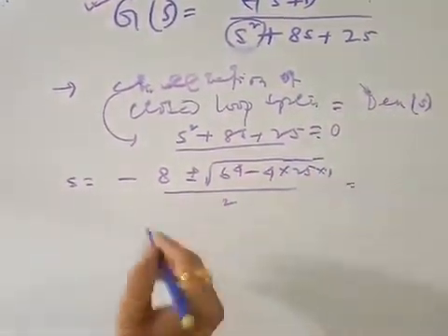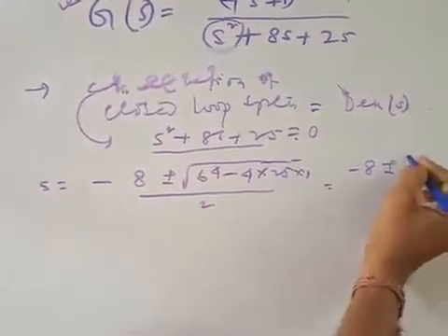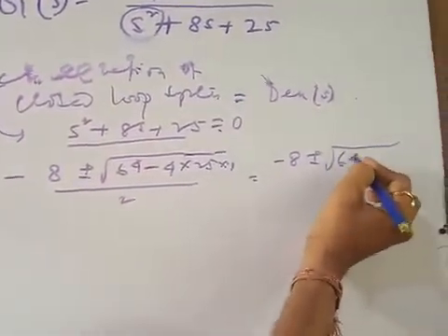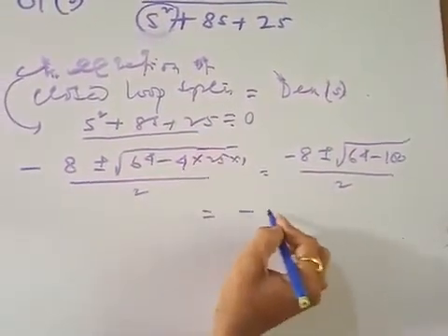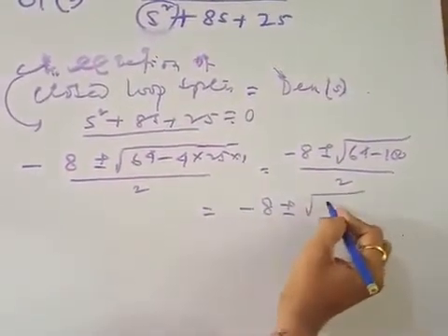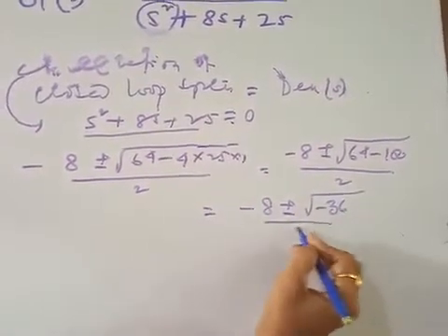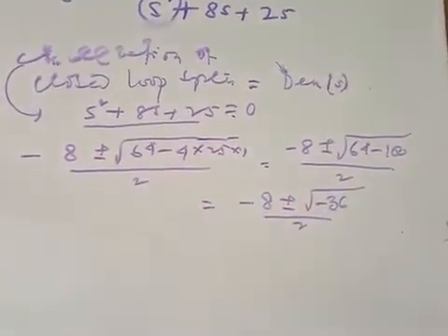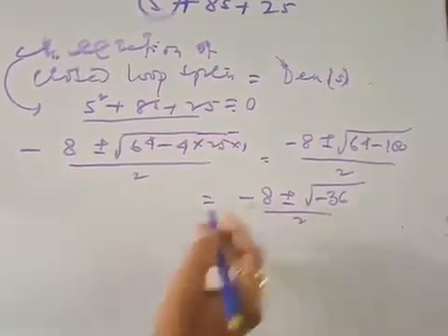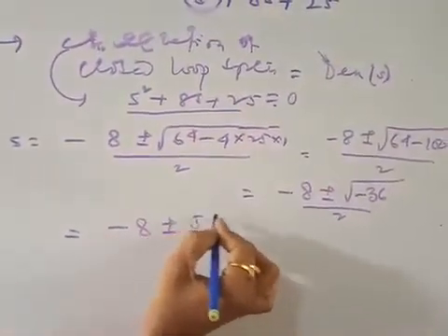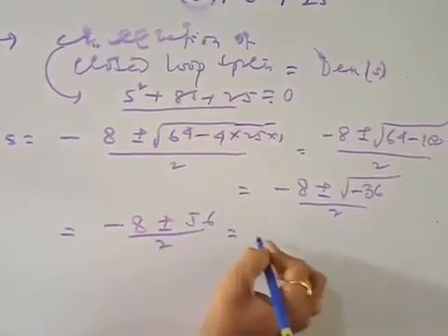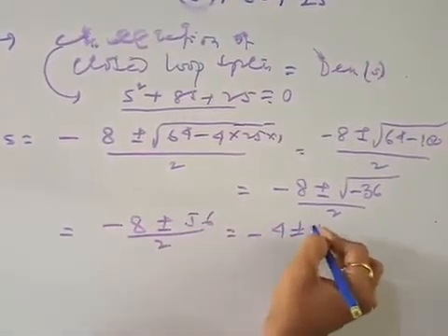This is the square root of minus 36, so we will get complex values: minus 8 plus minus j6 by 2, that is minus 4 plus minus j3.